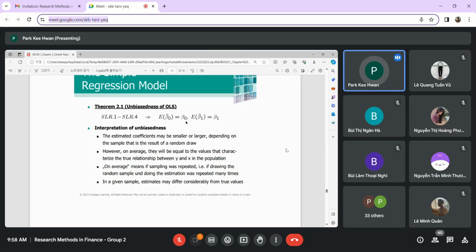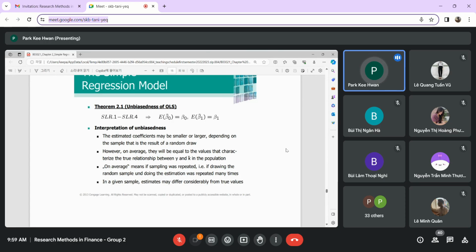So beta naught and beta 1, without hats, are the population parameters, and these are actually unknown. However, we are saying that these parameters characterize the true relationship between y and x in the population.